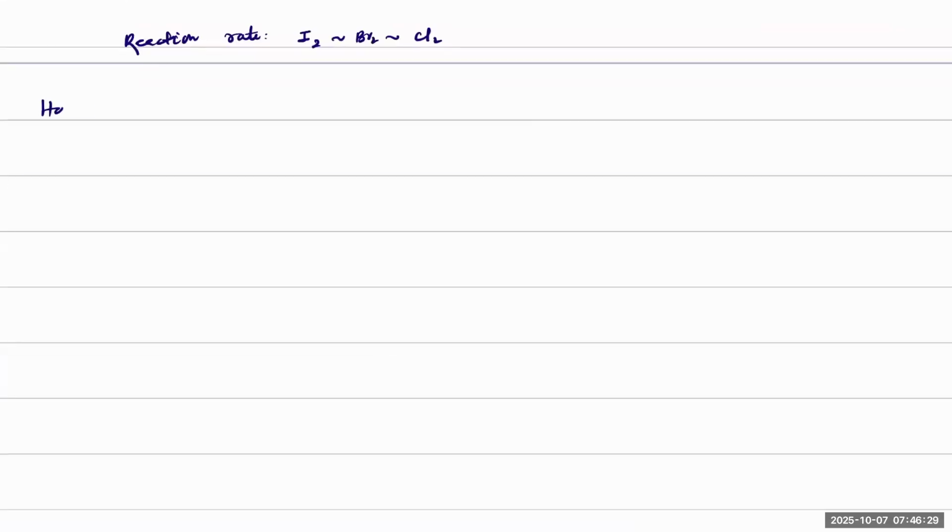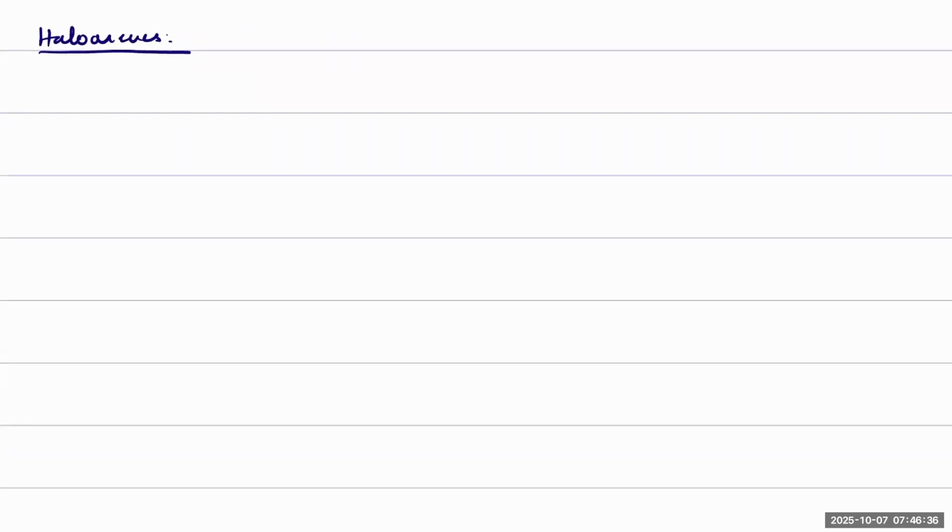In the case of haloarenes, what we need to learn, first, the preparation. Here, haloarenes means you will have benzene with a halogen on it. These are called haloarenes.